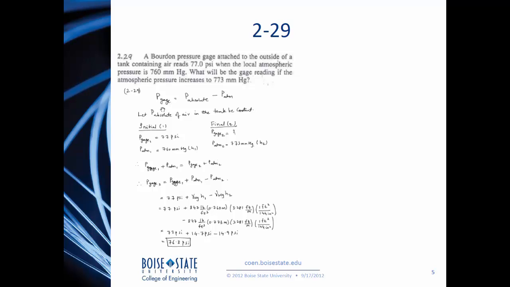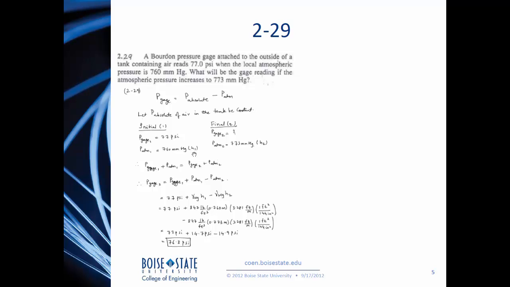So we know that the gauge pressure is nothing but the absolute pressure minus the atmospheric pressure. Let P absolute of air in the tank be constant. So initially P gauge is 77 psi and P atmospheric pressure is 760 mm of mercury.